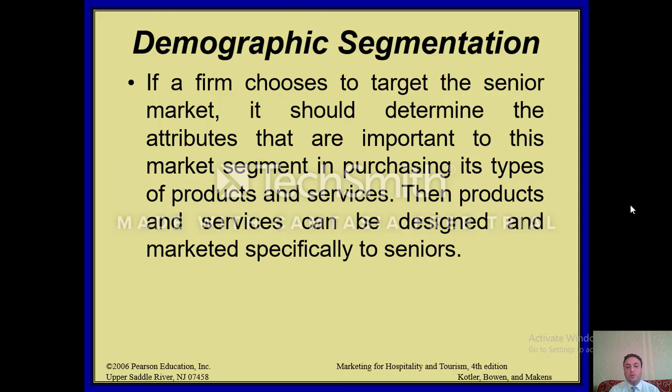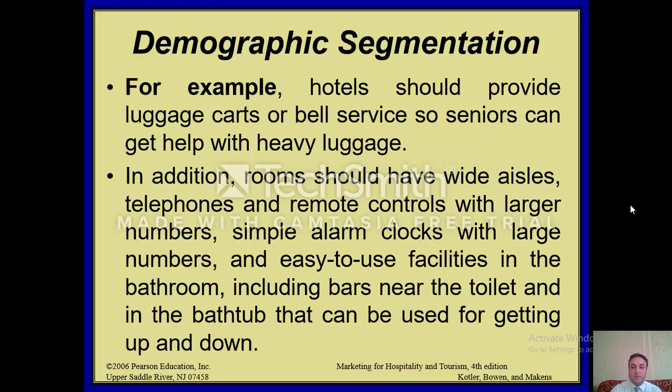If a firm chooses to target the senior market, the older people, it should determine the attributes that are important to this market segment in purchasing its types of products and services. Then products and services can be designed and marketed specifically to them. For example, hotels should provide luggage carts or bell service so the older people can get help with heavy luggage.